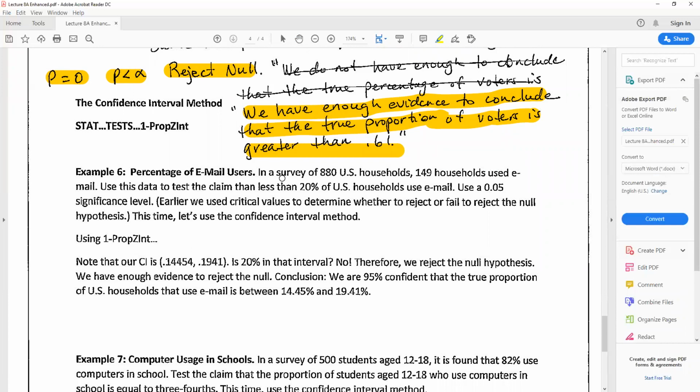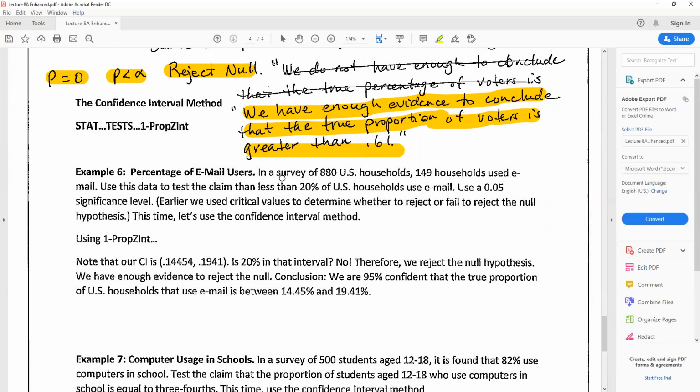Example 6. In a survey of 880 U.S. households, 149 households used email. Use this data to test the claim that less than 20% of U.S. households use email. Use a 5% significance level.